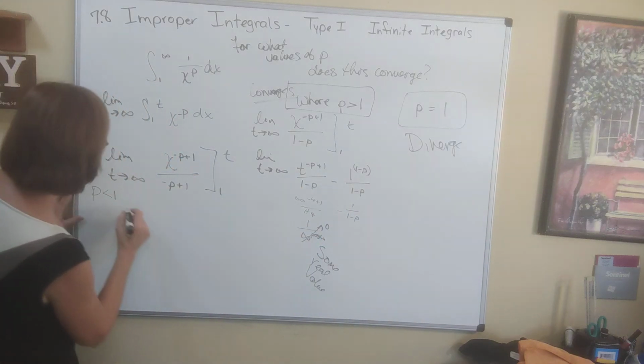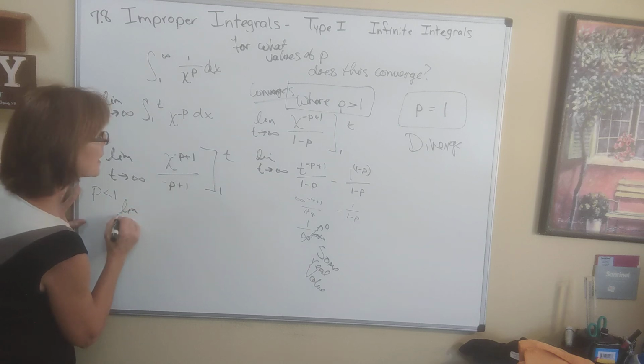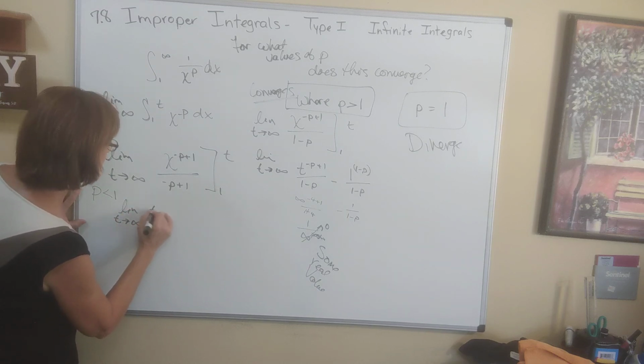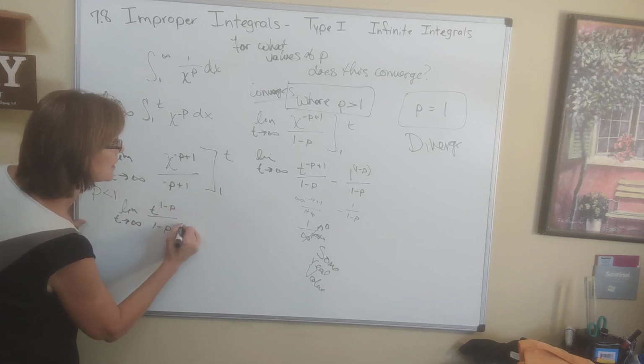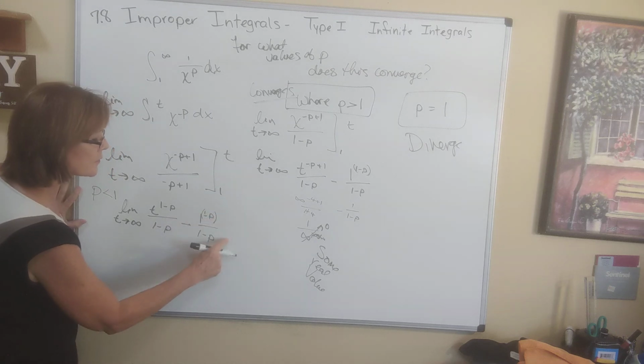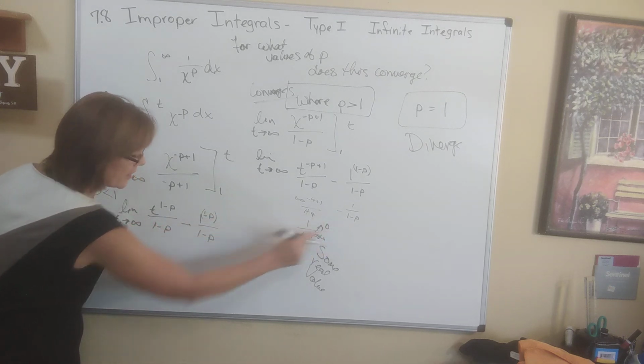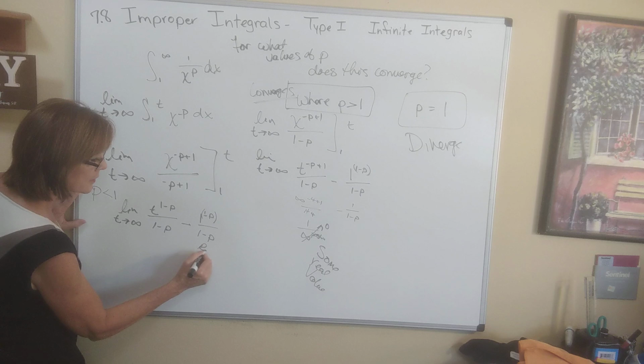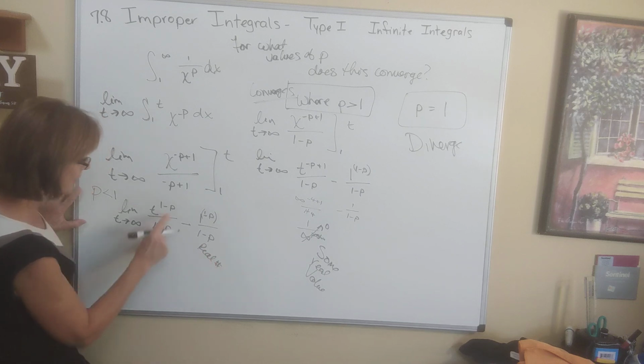We're looking at the limit as t goes to infinity of t to the 1 minus p over 1 minus p, minus 1 to the 1 minus p over 1 minus p. This part is basically 1 over 1 minus p, which starts the same. That's fine. This is some real number. What's happening with the other part, though?